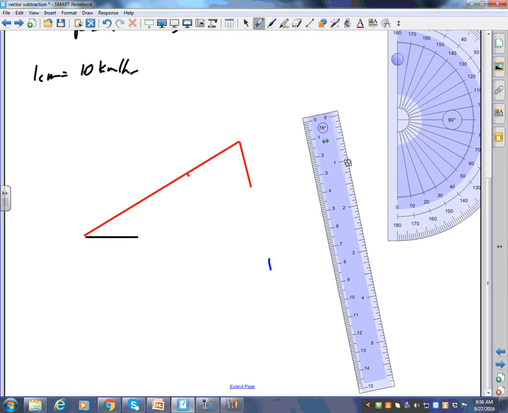Okay, so now should I label this? Yes, R, this is going to be minus W. So now I've got to take my ruler here.